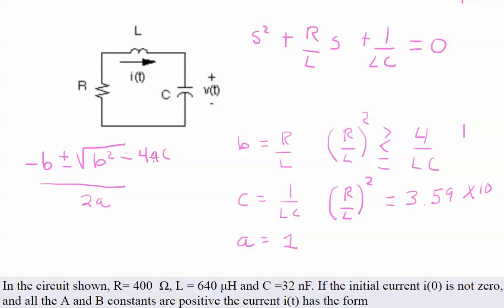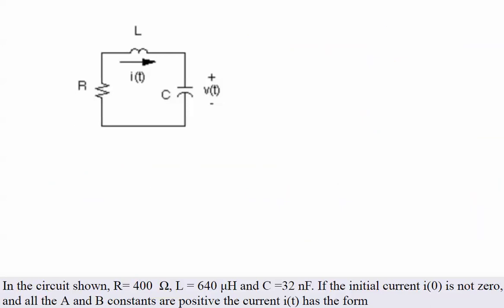Sorry, I am still learning how to use my pen. 4 divided by LC, it's around 1.9 times 10 to the 11th. So this is bigger than this. That means that it is overdamped.